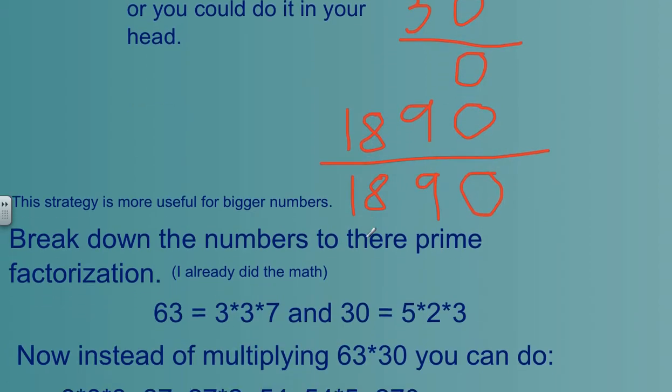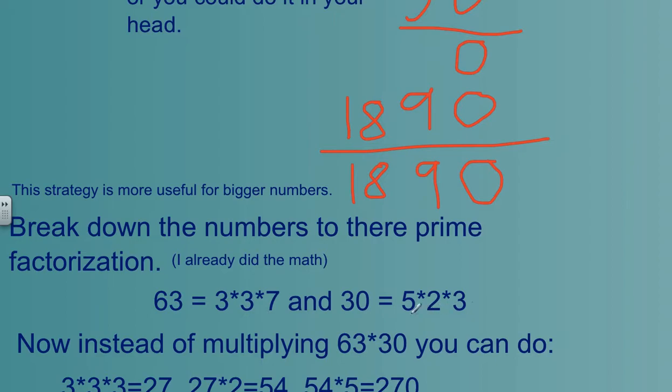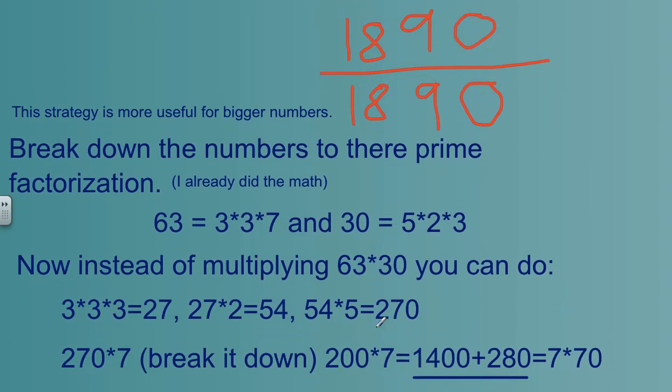So first, we want to break down the numbers to their prime factorization. 63, by the way, I already did the math, equals 3 times 3 times 7. 3 times 3 is 9, times 7 is 63. And 30 equals 5 times 2 times 3. 5 times 2 is 10, times 3 is 30. Now, instead of multiplying 63 times 30, you can multiply them any way you want.